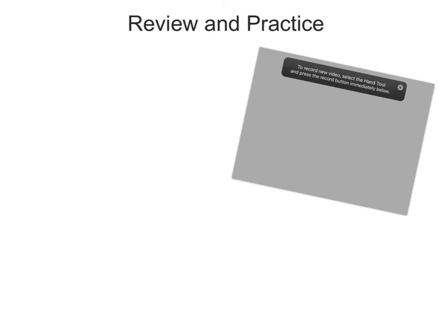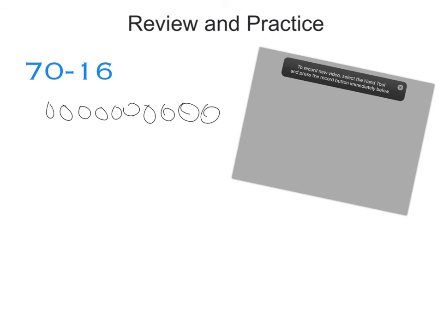For example, if I had here 70 minus 16, it would not be a good idea for me to try and draw 70 circles. Oh my goodness, that's going to take me forever, right? And what if I'm off by 1 circle?